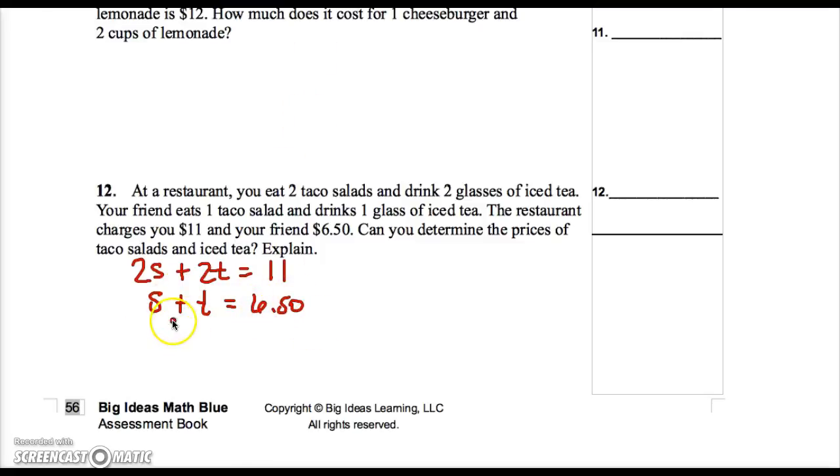So what I want you to notice right away is that what you had was double, or 2 times, what your friend had. Did they charge you twice as much as what they charged your friend? And that answer is no. They charged you less. If they truly charged you double, you should have been charged $13. So can you determine the prices of the taco salads and the iced tea?